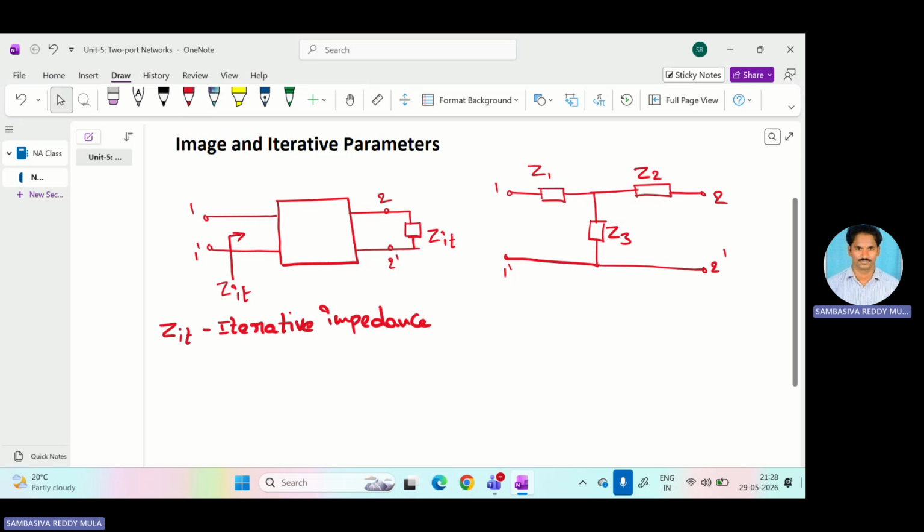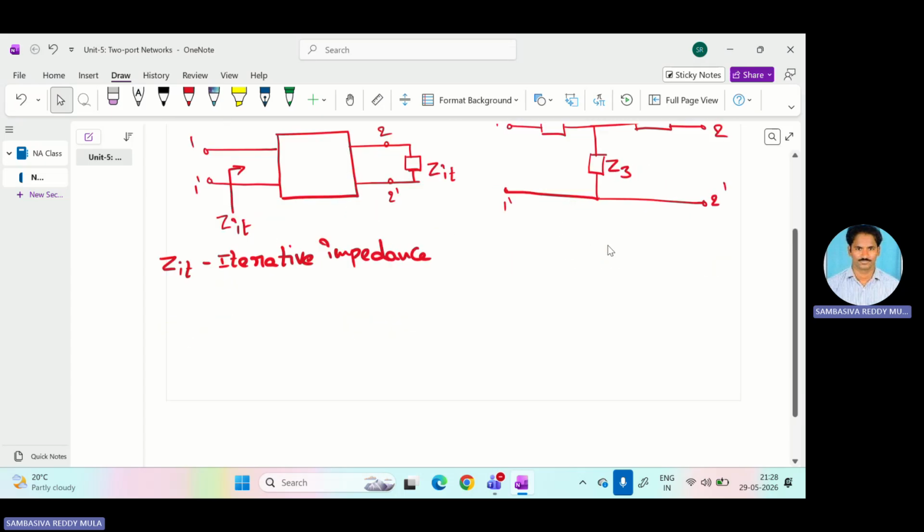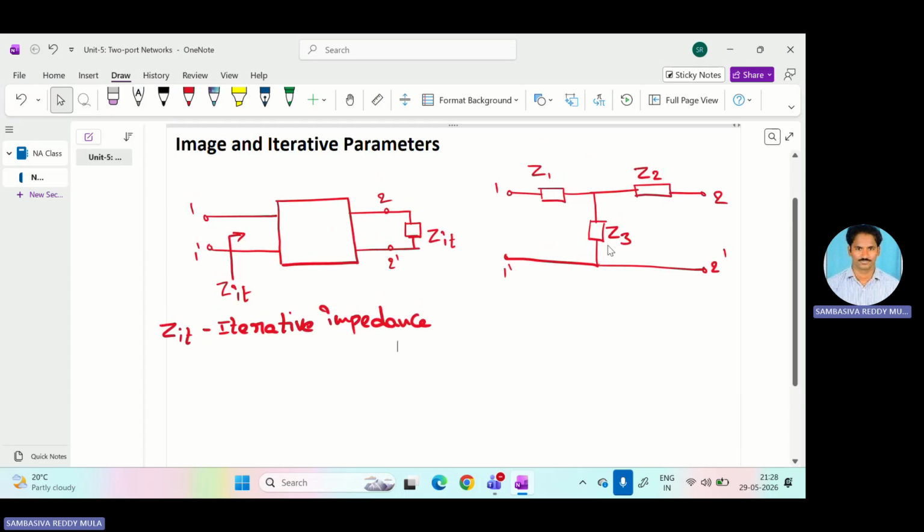Now let us consider a T network. So here the impedances of the T network are Z1, Z2 and Z3. So this forms the T network. For this T network, let us consider it is terminated with ZIT.